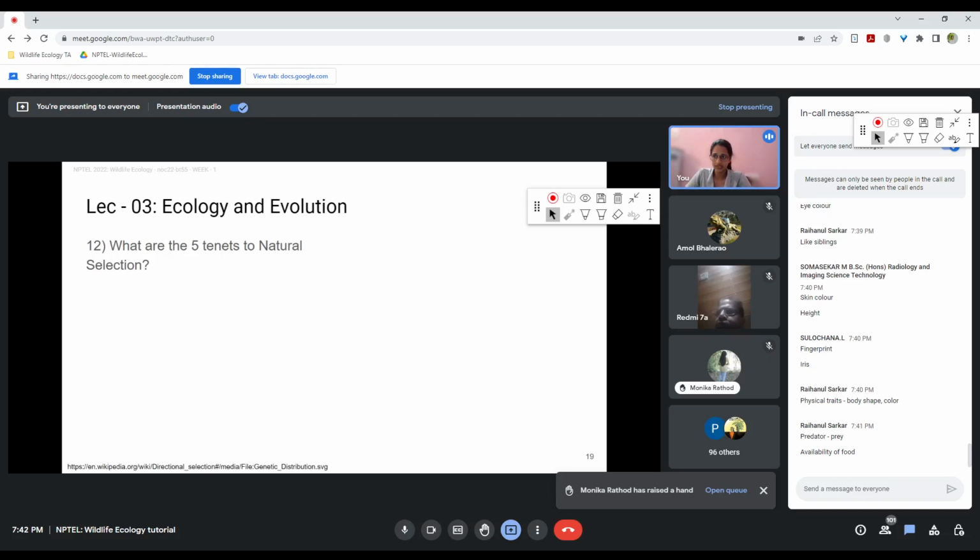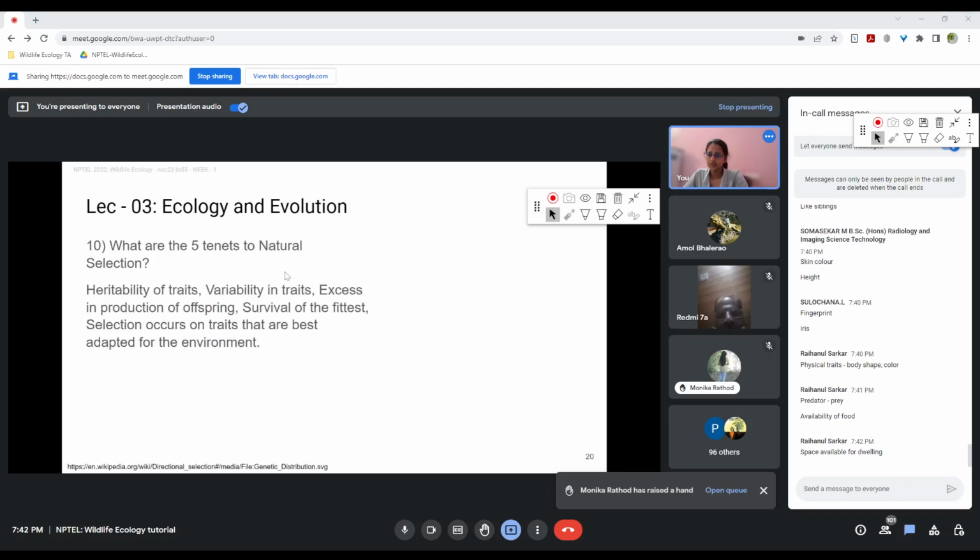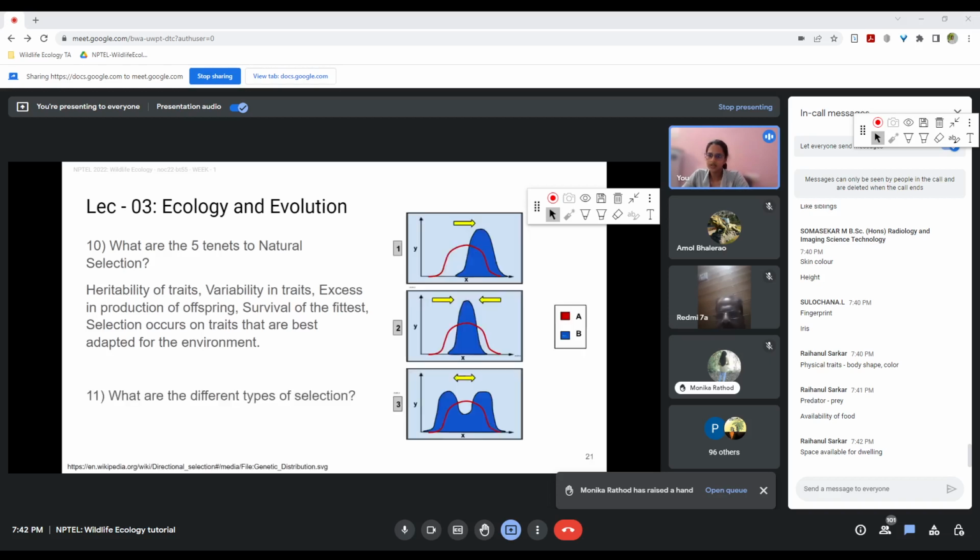So we have almost covered all of it: heritability of traits, variation in traits, excessive production of offspring, survival of the fittest, and selection usually occurs on traits that are best adapted to the environment. For one last question, could you tell me what are the types of selection?